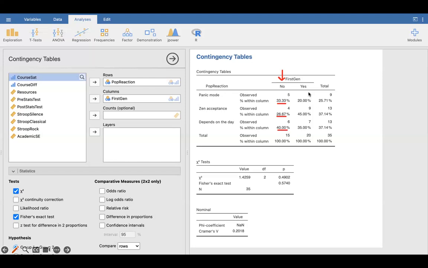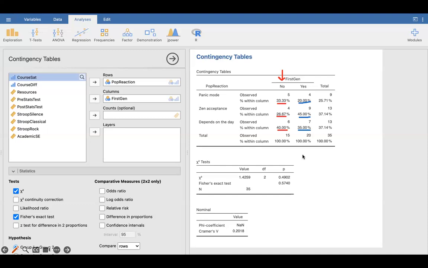And then we can see that in our yes first generation status group, we could compare that with 20% of yes said panic mode, 45% of yes said Zen acceptance, and then 35% of those who are first generation said depends on the day.